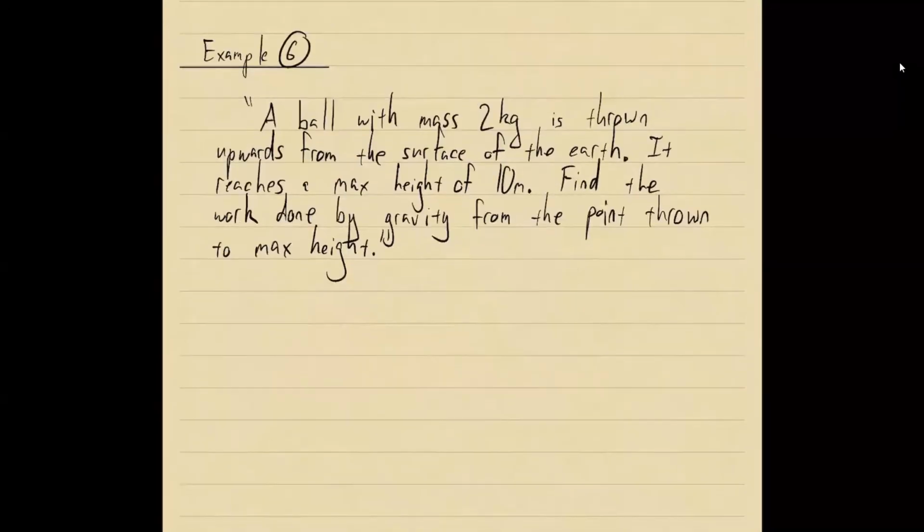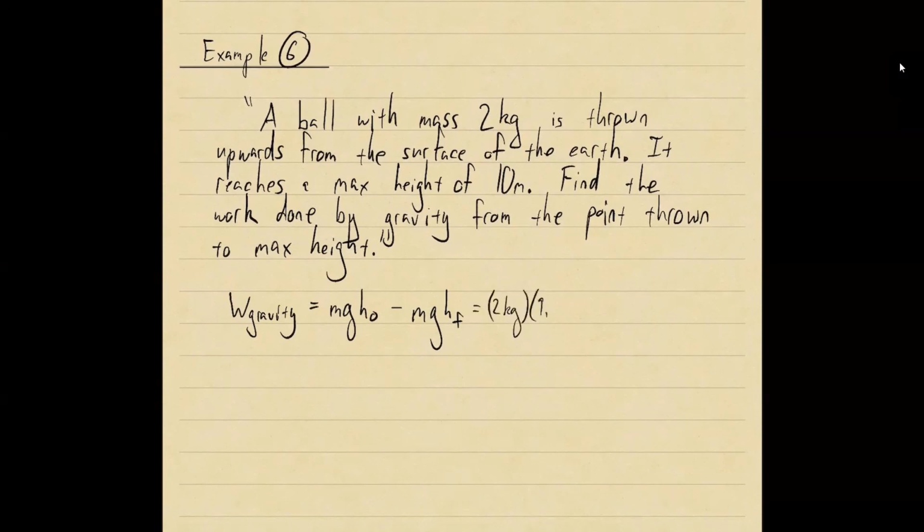So the work done by gravity is equal to mgh naught minus mghf. The mass is 2 kilograms, so we have 2 kilograms times the acceleration due to gravity, 9.8 meters per second squared, times our initial height above the surface of the earth. We're going to call the ground a height of 0, so it's going to be 0 meters.